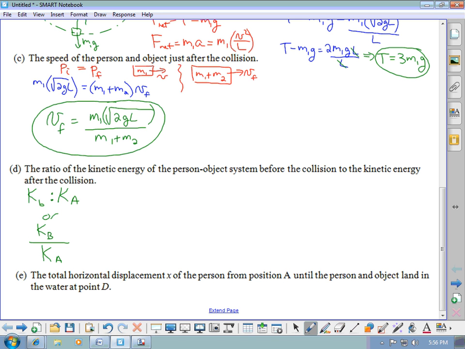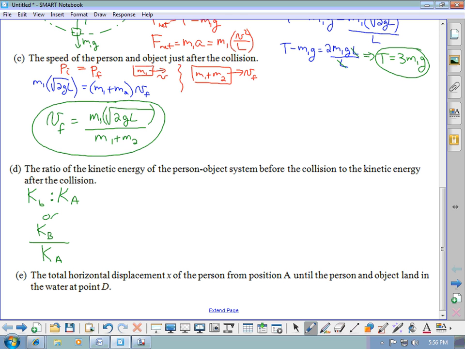It is not correct to say that the kinetic energy before the collision equals the kinetic energy after the collision and to set everything up that way. That's not the proper way to express a ratio. Either you use a colon for the two things, or you do one divided by the other, or you'll say that it's the kinetic energy before to the kinetic energy after.